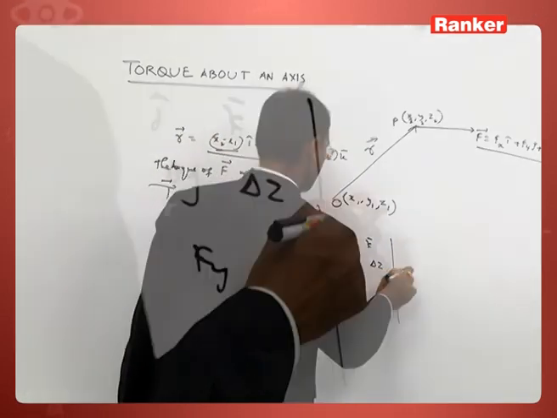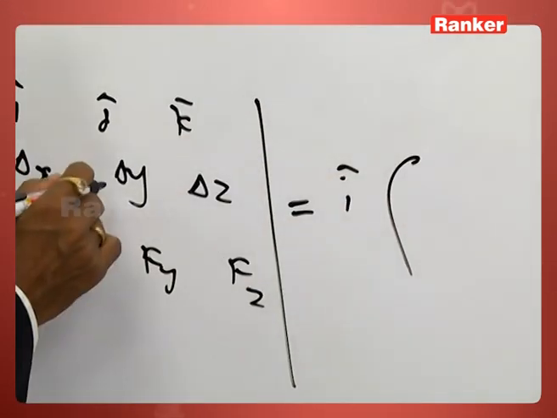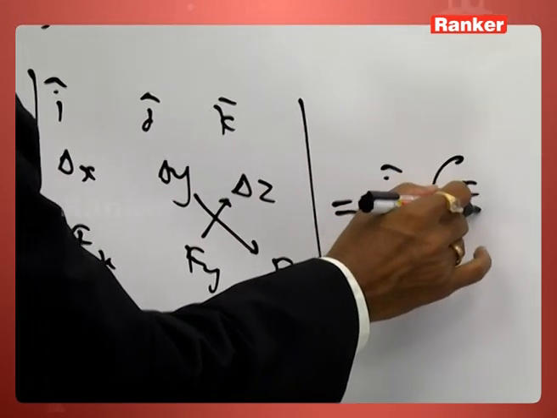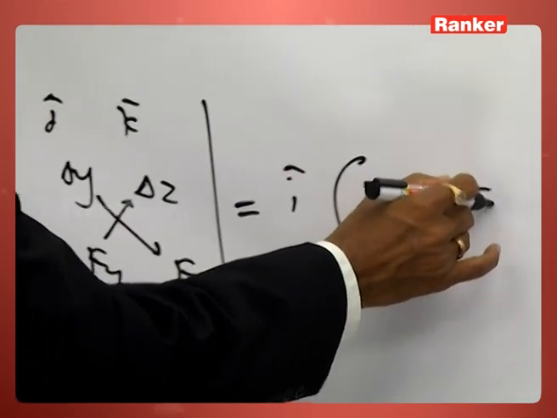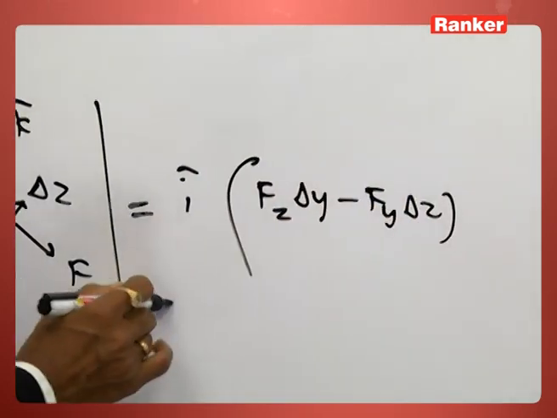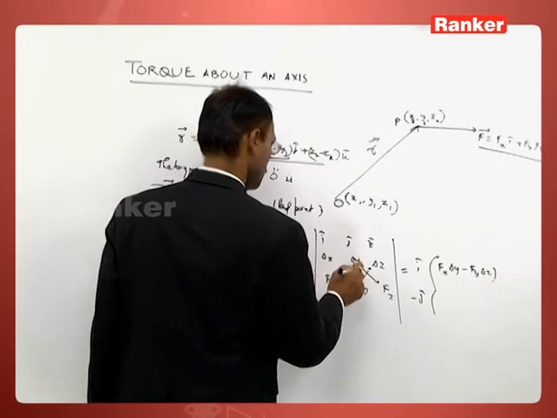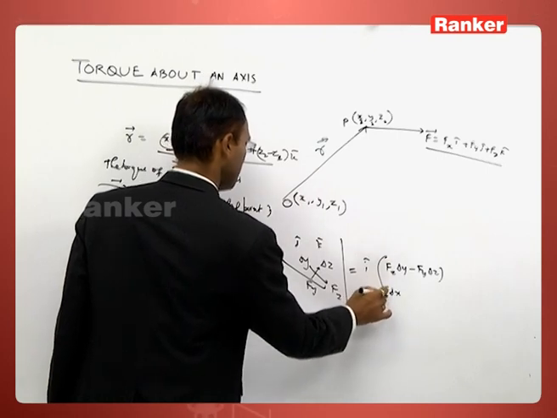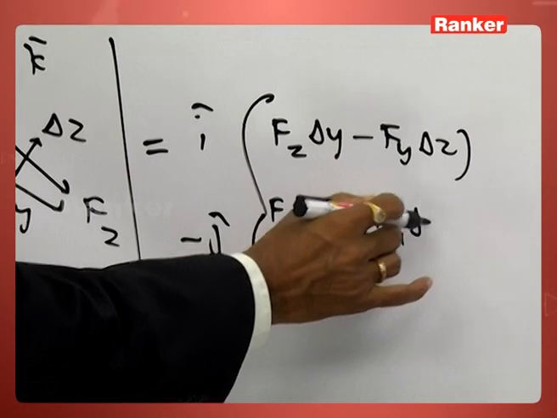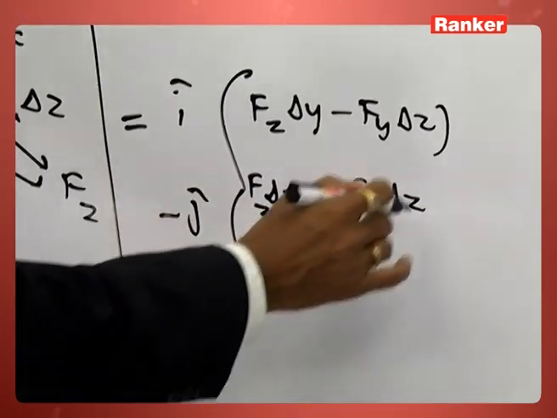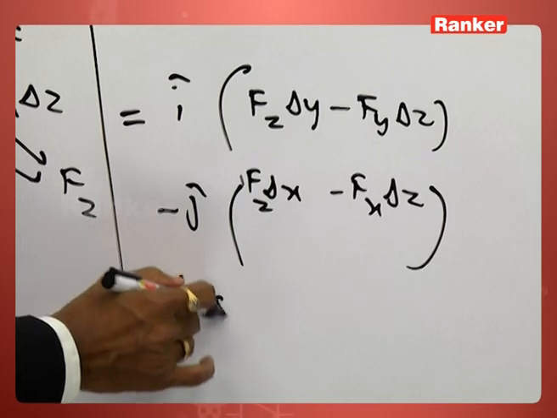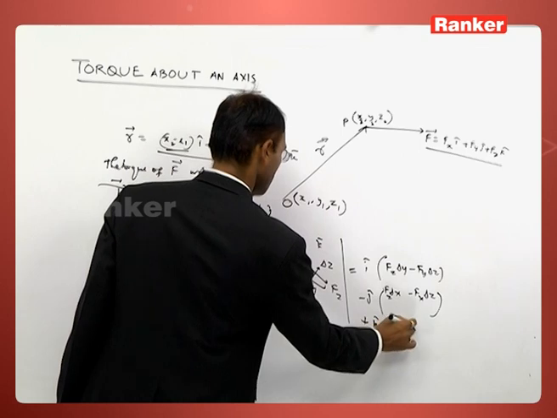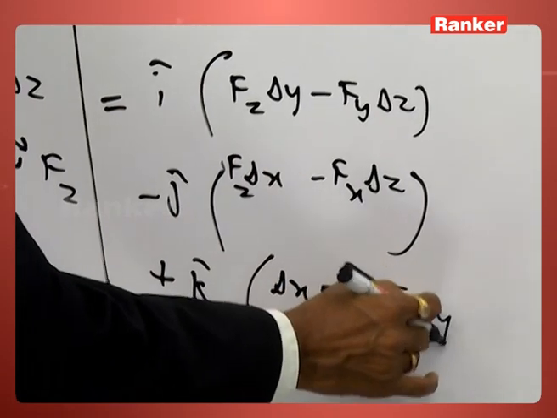We expand it to i cap into (Fz into del y minus Fy into del z) minus j cap (del x into Fz minus Fx into del z) plus k cap (del x into Fy minus Fx into del y).